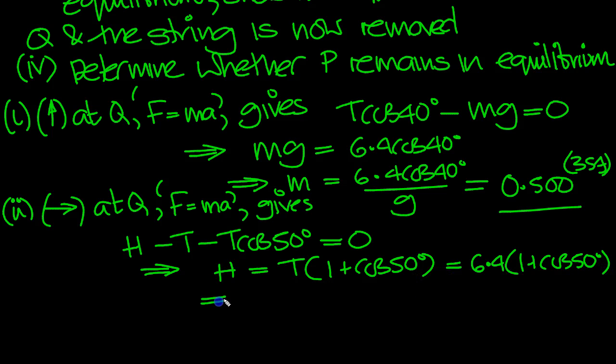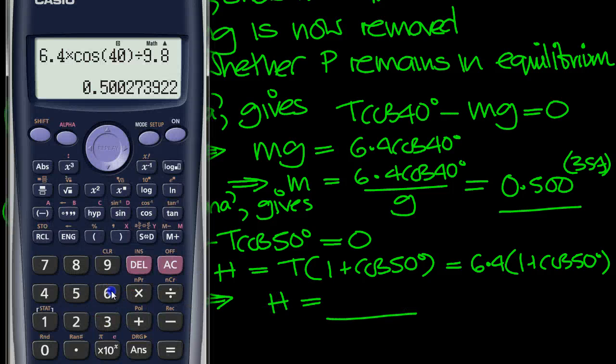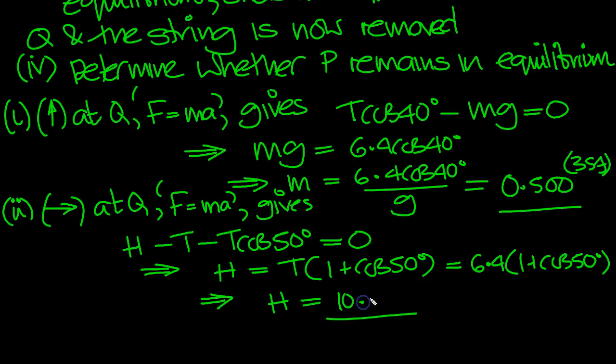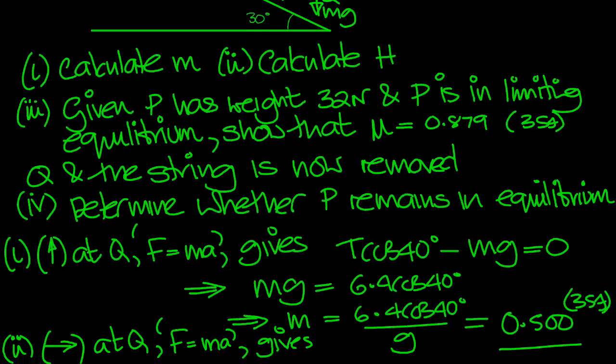So tap that in, we get H. 6.4 times bracket 1 plus cos 50 equals 10.5138, which equals 10.5 newtons to three significant figures. Okay, so there's H, that's part 2.